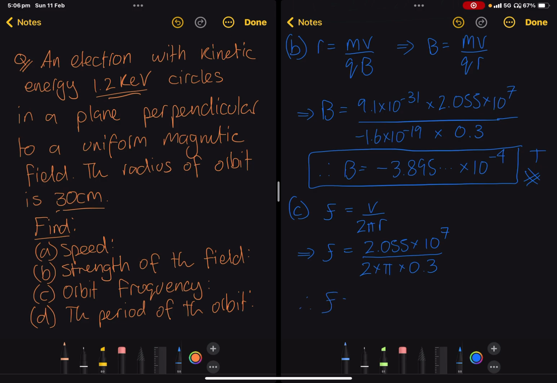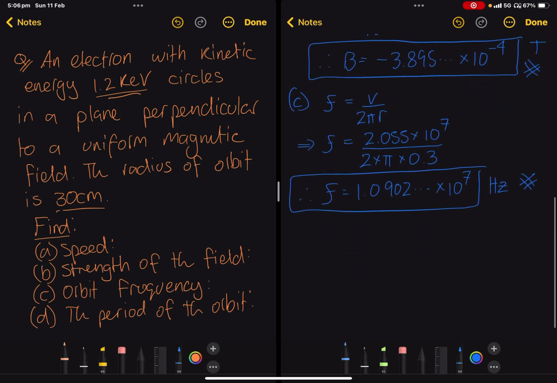So the frequency is 2.055 times 10 to the 7 divided by 2 times pi times 0.3. My calculator tells me this is 1.0902 times 10 to the 7 hertz. So this is the answer to part C.